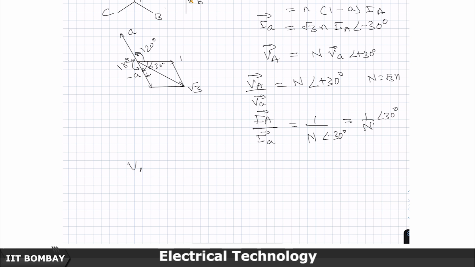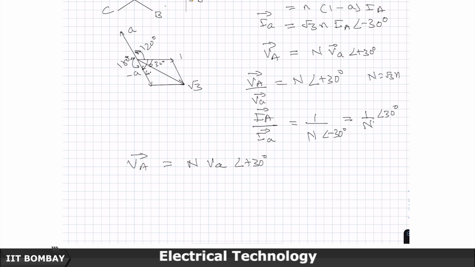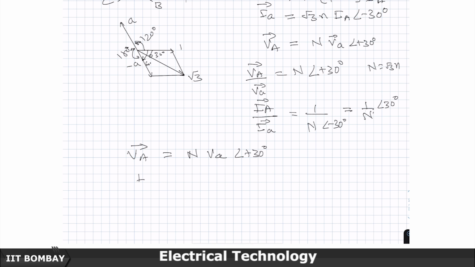So VA is n times this VA further rotated by 30 degrees, and IA is 1 by n IA again rotated by 30 degrees.